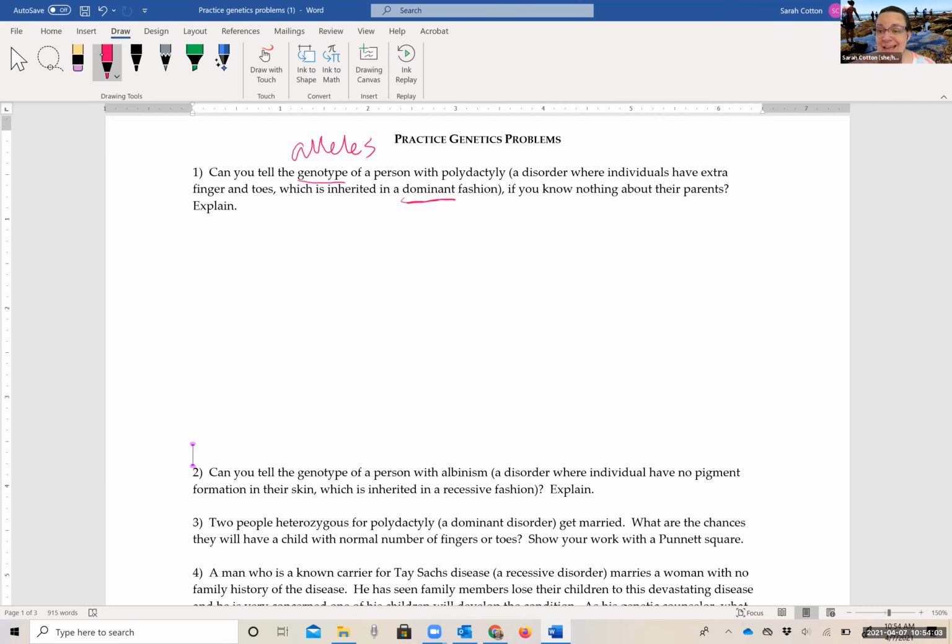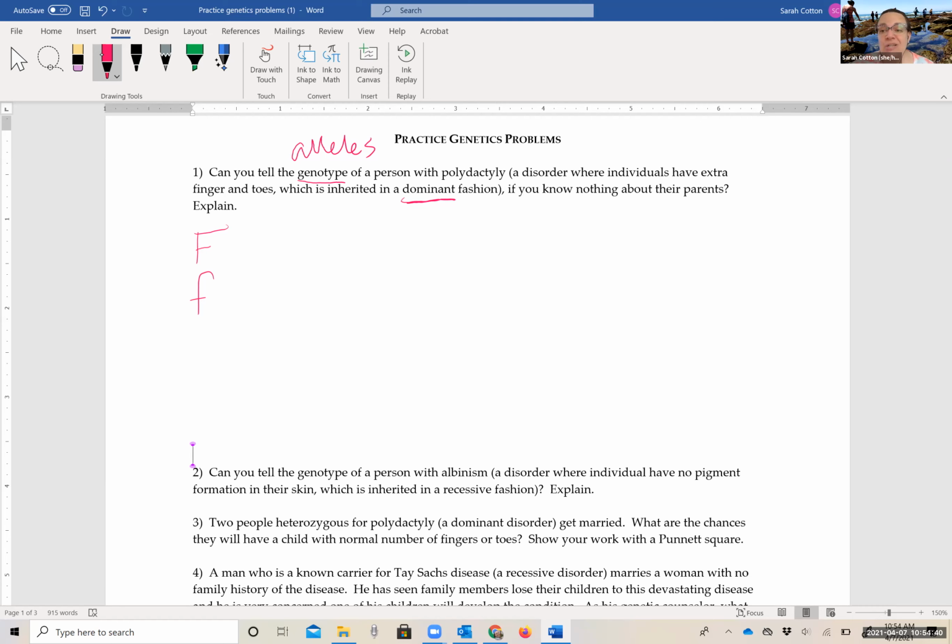The reason I'm picking F instead of P for polydactyly is that it's easier, at least in my handwriting, to tell the difference between an uppercase and a lowercase f than it is a P, especially when I'm writing on the screen with the little pen. So for my 2 alleles, I'm going to pick capital F and lowercase f. The 2 different alleles we're talking about are polydactyly, having extra fingers and toes, and normal, having 5 fingers and toes on each.